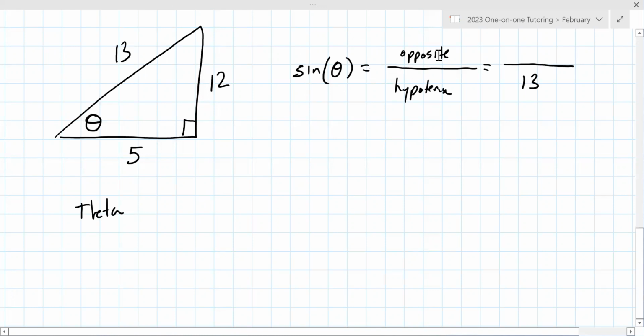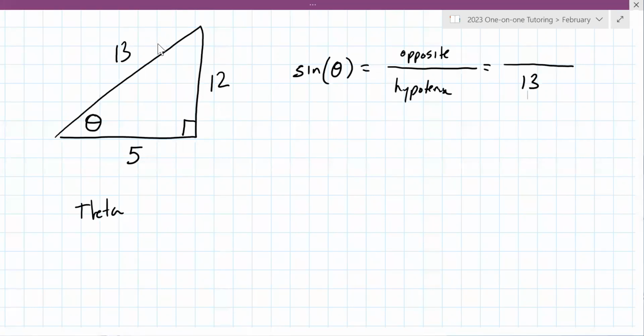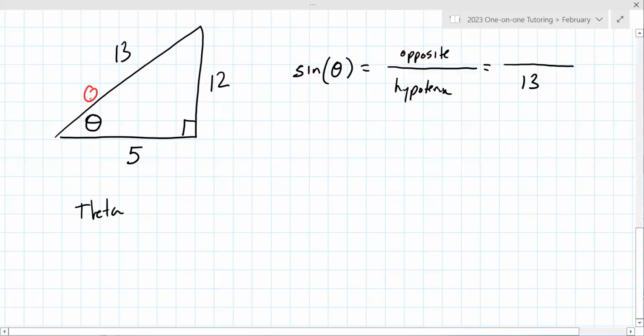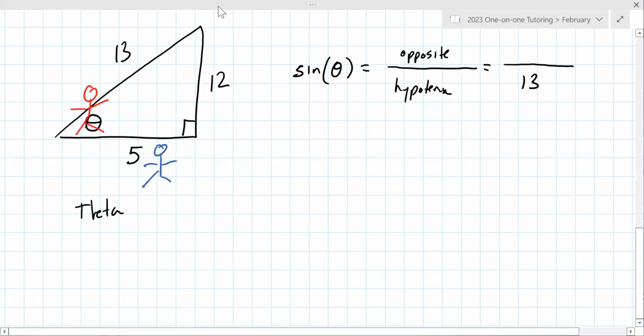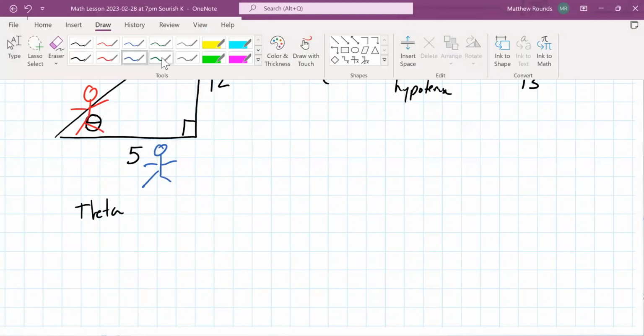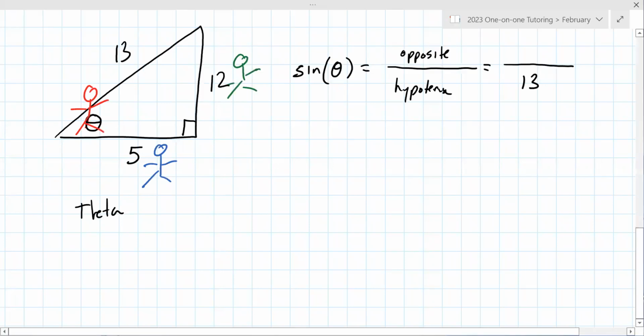So to determine the opposite, I want you to imagine that you are here and there's someone else standing here in blue and here in green. Who is closer to you, the one in blue or the one in green?